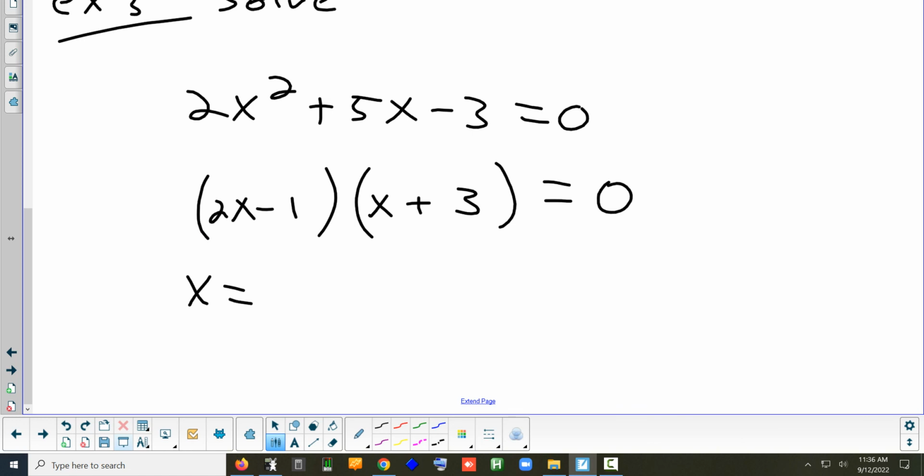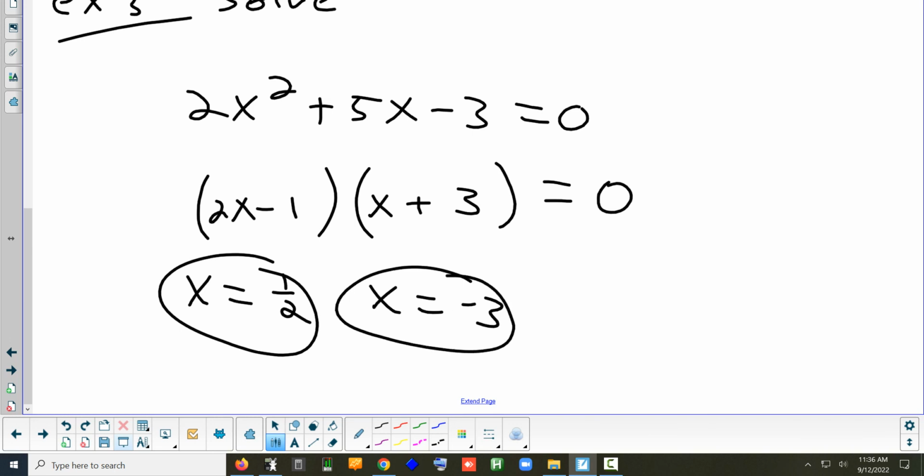What value of x would make that first factor 0? 1/2. Yep. And what would make the second factor 0? -3. You just set each one of them equal to 0 and solve.